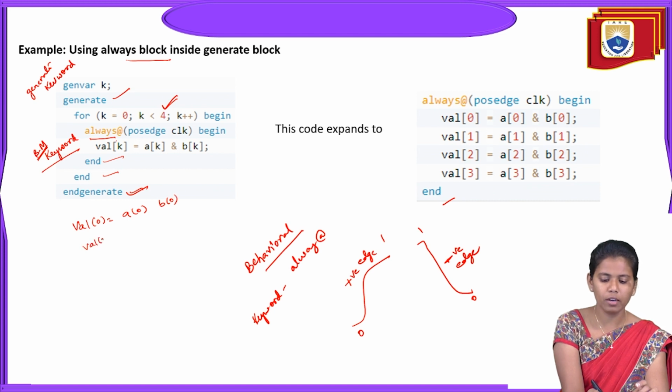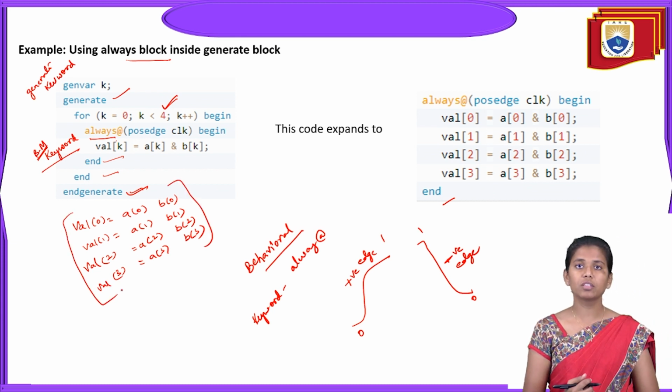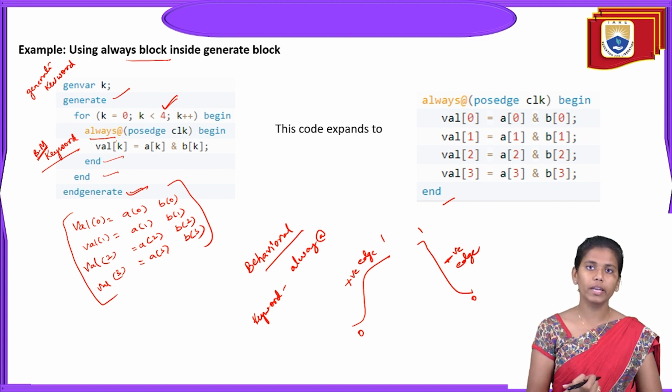For variable 1, a is a[1] and b is b[1]. For variable 2, a is a[2] and b is b[2]. And for variable 3, a is a[3] and b is b[3]. So totally 4 bits. This is how we observe or generate using the generate block, and how we write our code in terms of behavioral modeling structure.